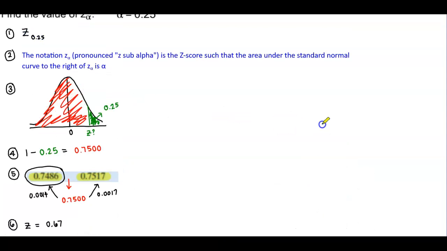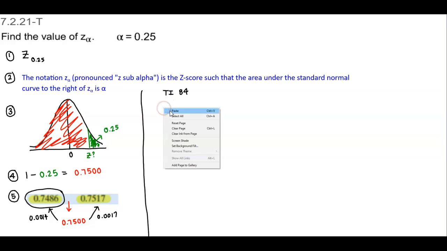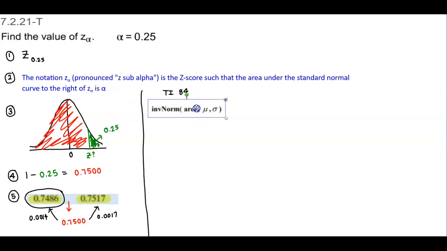Okay, so let's go ahead and do this using the TI-84 calculator. What do we need to use? We're going to use the function invNorm with the area, then mu, and then the standard deviation.